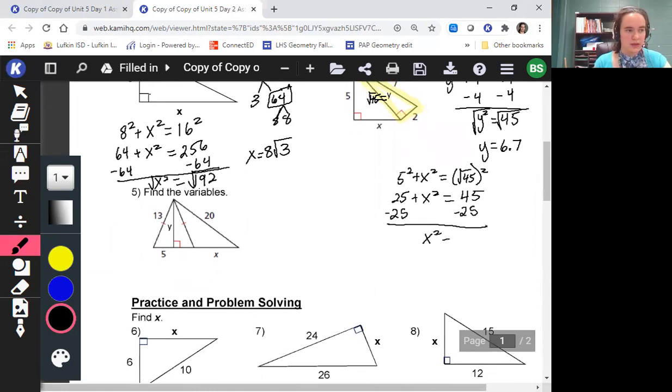And x squared equals 20. I'm going to take the square root of both sides. And we get 4.47 when we round to the nearest hundredth.